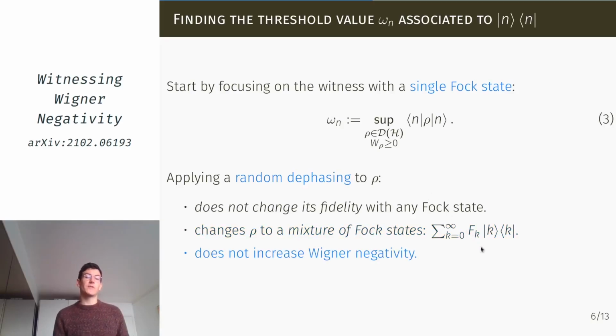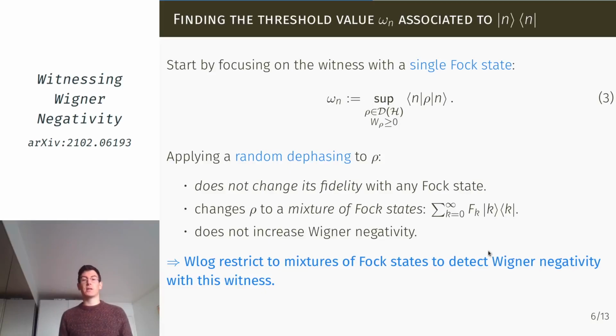And it won't increase Wigner negativity. Wigner negativity is a monotone with respect to random dephasing. And so basically you can restrict the search to mixtures of Fock states to detect Wigner negativity with our witnesses. And we'll see that this follows computable programs for computing the value little omega.